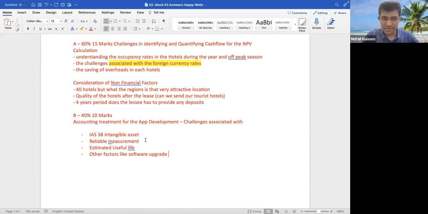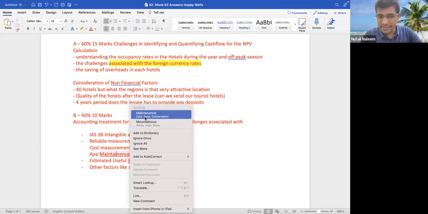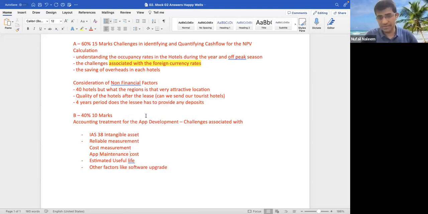So in the reliable measurement, we can have the cost measurement. And then there is something called app maintenance cost, because generally they will give you app maintenance cost also. So in that case, we can also observe that.